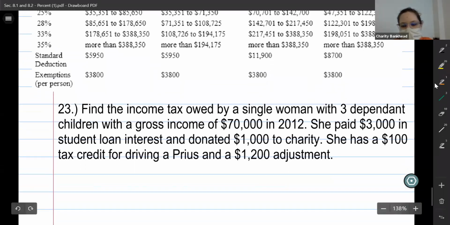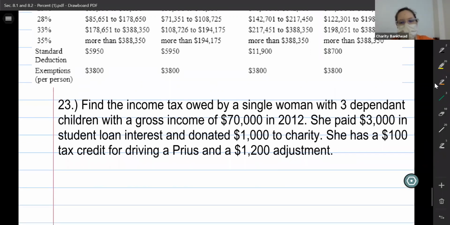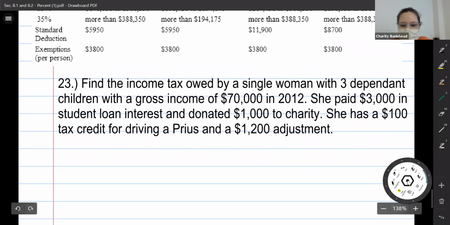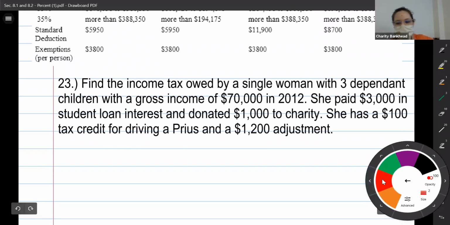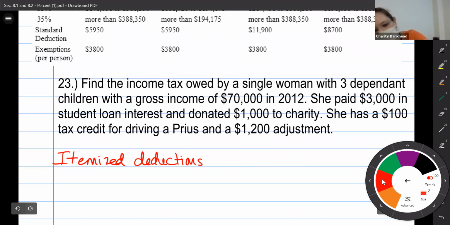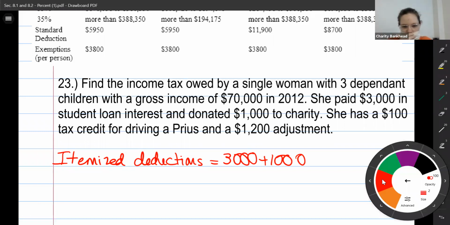So if she was going to itemize deductions, she has $3,000 from student loan interest, $1,000 charitable donation. Okay, and that's all of the deductions that she has.